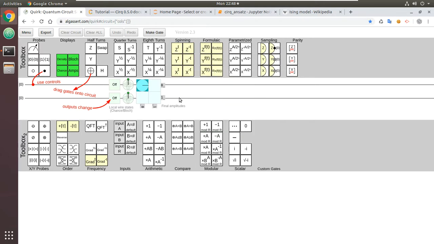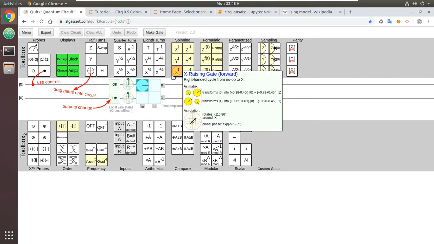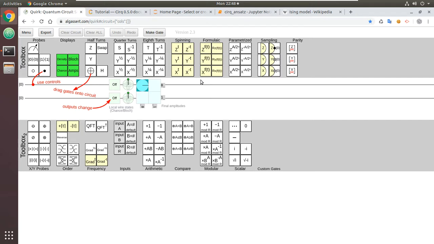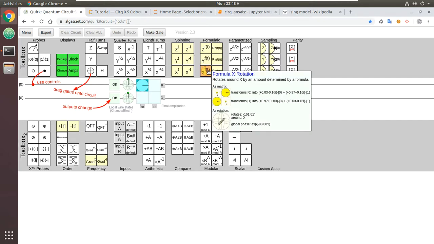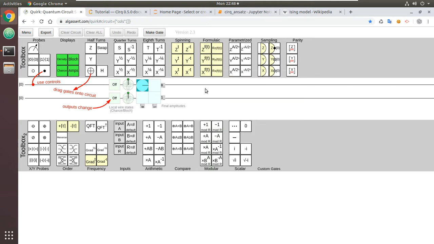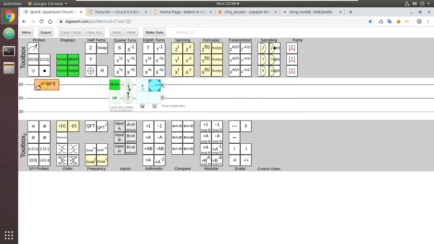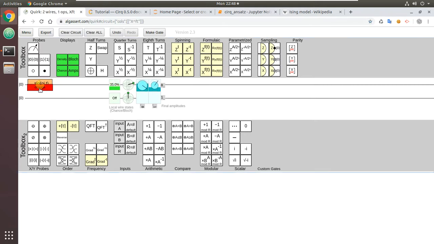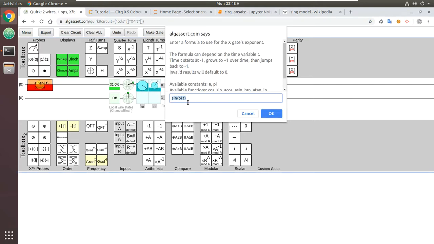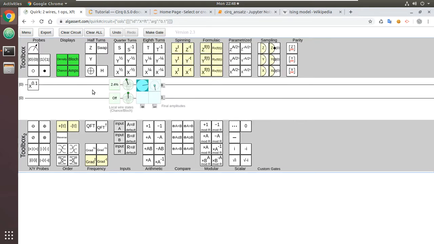I think that can probably be interesting, because I could easily just say it's an X gate, and we're not gonna make it dependent on T.